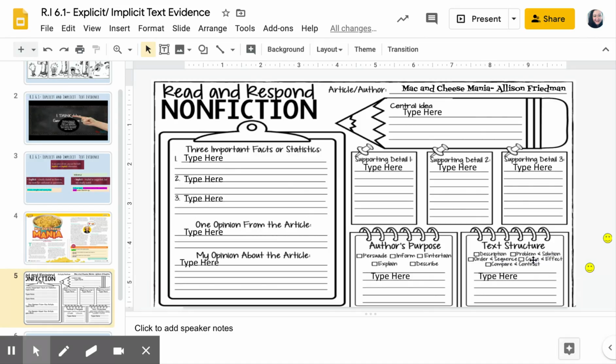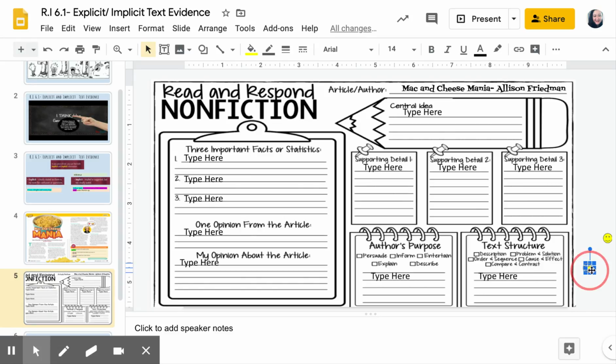There's cause and effect, something that happens and a result of the cause, like Alexander rode his skateboard really, really fast down the road and he tripped. The cause is what he did. He rode his skateboard really, really quickly, and the effect, he tripped. And compare and contrast, talking about what's the same and what's different.